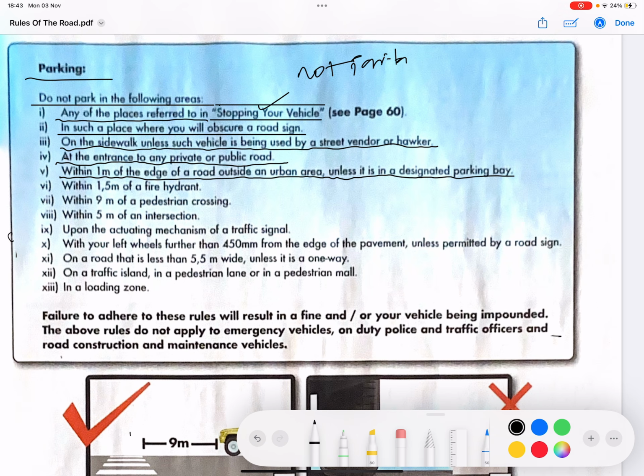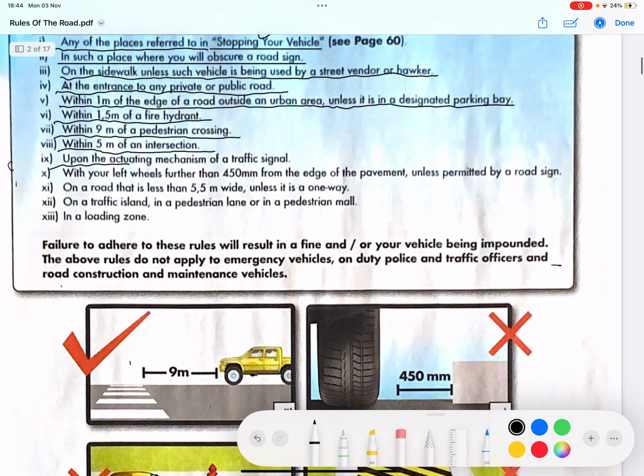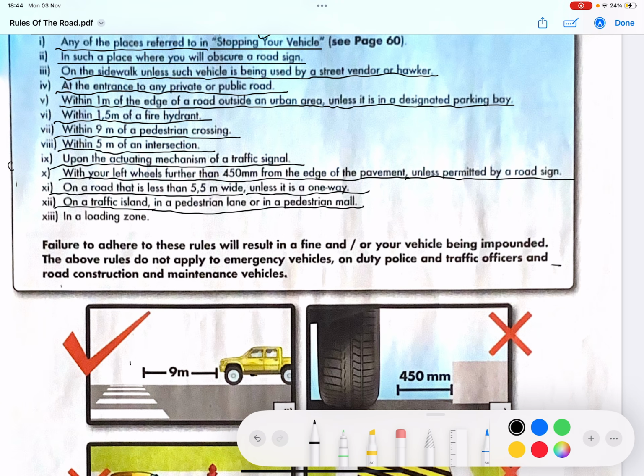You also may not park within 1.5 meters of a fire hydrant, within 9 meters of a pedestrian crossing, within 5 meters of an intersection, and upon the actuating mechanism of a traffic signal, with your left wheels further than 450 millimeters from the edge of the pavement, unless permitted by a road sign, on a road that is less than 5.5 meters wide, unless it is a one-way, on a pedestrian island, in a pedestrian lane or in a pedestrian mall, and in a loading zone.